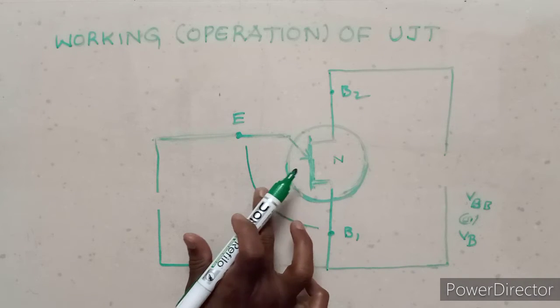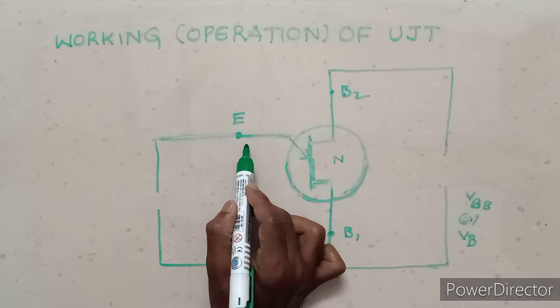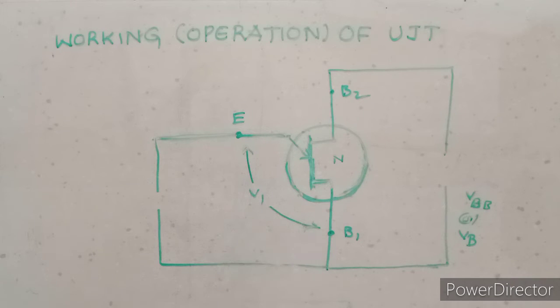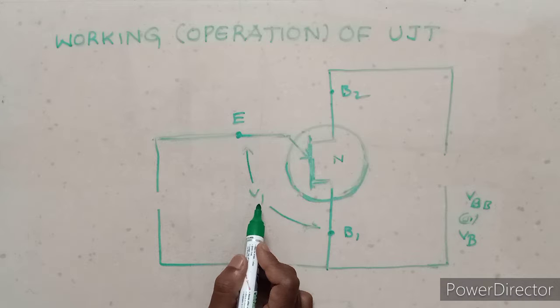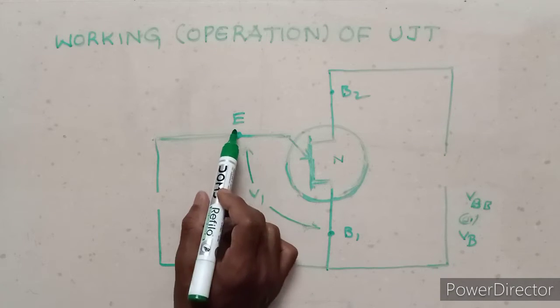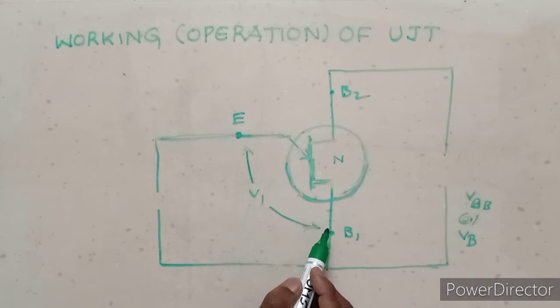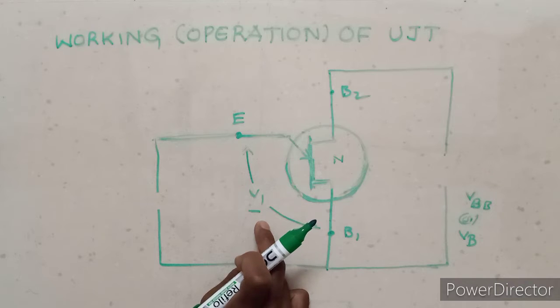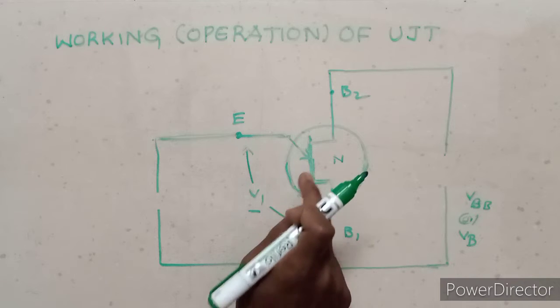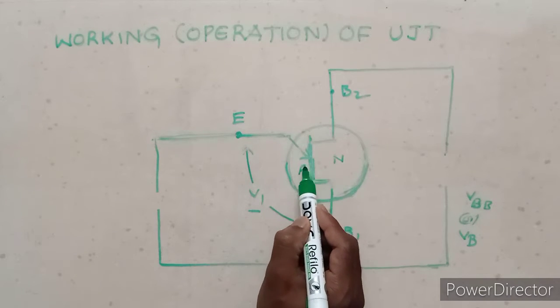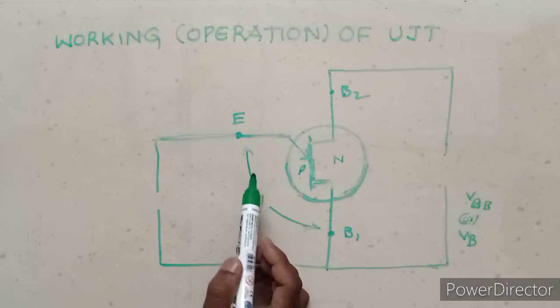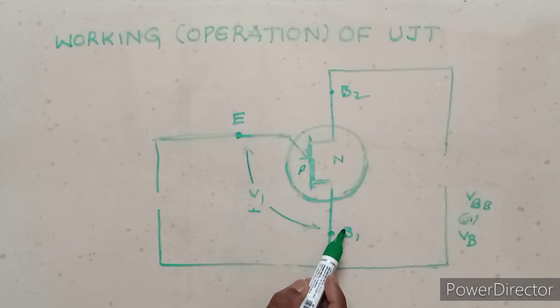This voltage is denoted as V1. This is the P, this is the N.